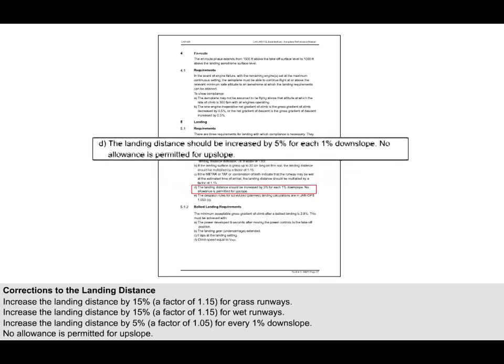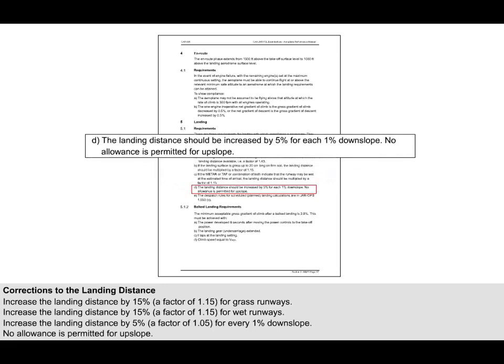Point D states the landing distance should be increased by 5% for each 1% downslope. This means that for a 1% downslope, the landing distance should be multiplied by a factor of 1.05. Therefore, for a 2% downslope, the factor would be 1.1. Point D also states that no allowance is permitted for upslope.